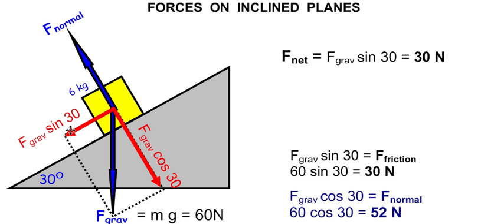So we said that the net force accelerating the mass downslope is F gravitational sine 30, which is 30 newtons. So therefore, by applying Newton's second law, the acceleration equals F net over mass, F net being 30 newtons, and the mass 6 kilograms, gives us an acceleration of 5 meters per second squared.